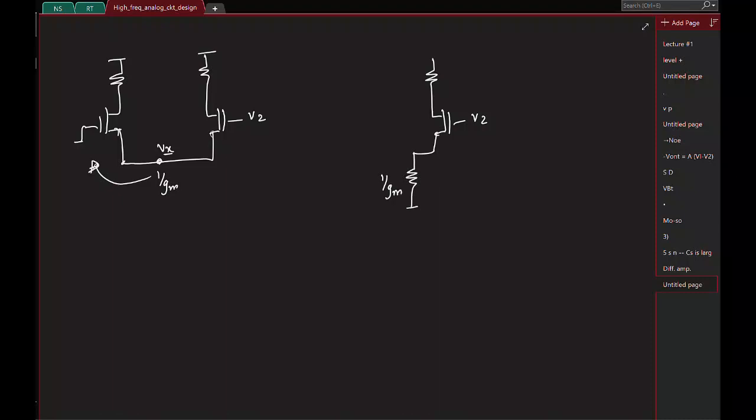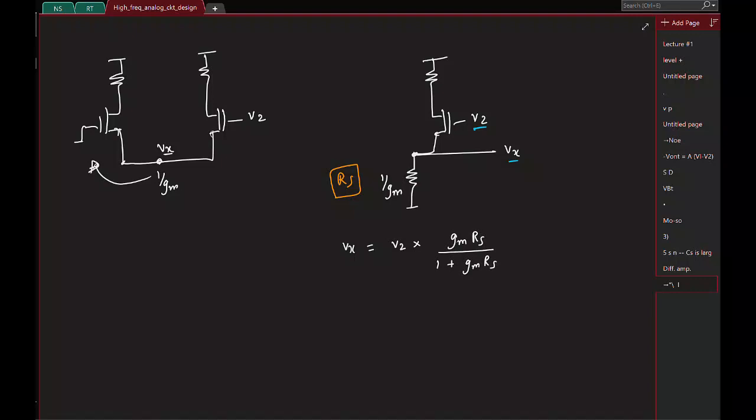Okay. So it's as if I have done like this, right? And this is what is Vx. So what configuration is this now? I'm applying an input at the gate, taking the output at the source. It's like a source follower. So what will be Vx in terms of V2? If we had a resistor Rs here, this would have been something like this.